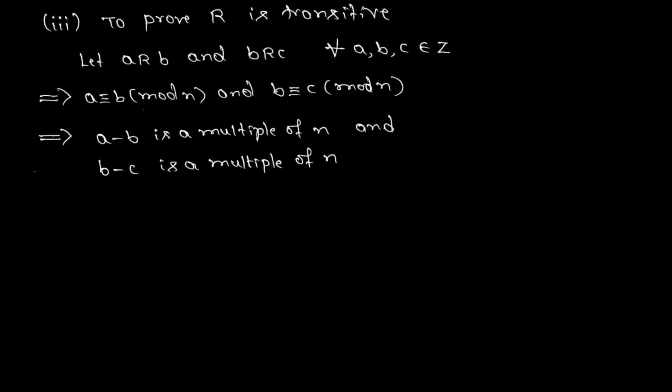Now here we need to prove a is related to c. How do we get this? If we add these two, plus b and minus b get cancelled, and we get a minus c is a multiple of n. Whenever two integers are multiples of n, their addition will also be a multiple of n.